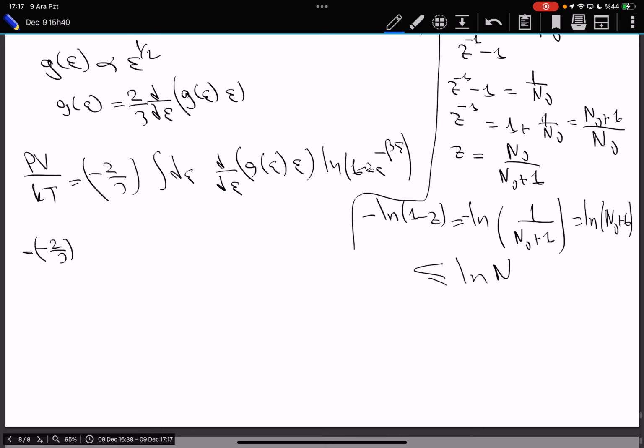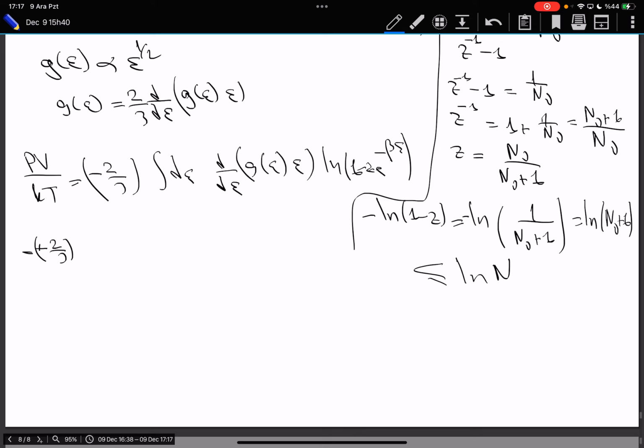Well, if I do an integration by parts, the boundary terms are when epsilon goes to 0. The logarithm becomes 0 at that boundary. The other limit is when epsilon goes to infinity. In that case, G(ε) times ε goes to 0. So I don't have any contribution from the boundary terms.